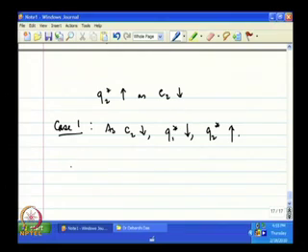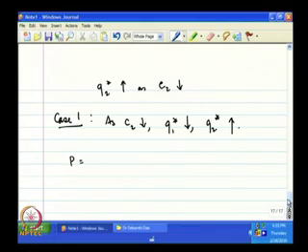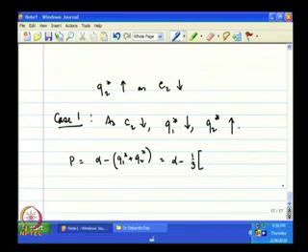What about the price? So, let us look at what will be the price in equilibrium in case 1. In case 1, the price is given by alpha minus Q1 star plus Q2 star, and this is alpha minus, I can take 1 by 3 common.